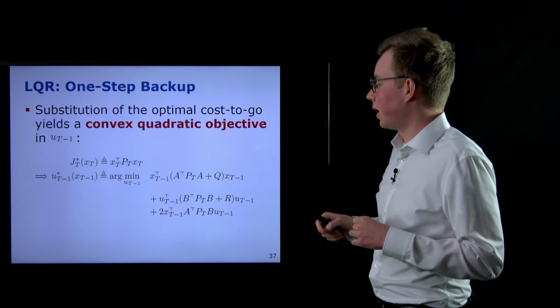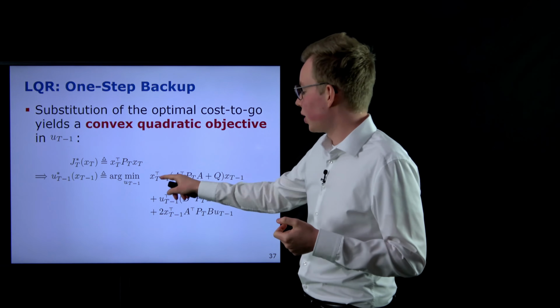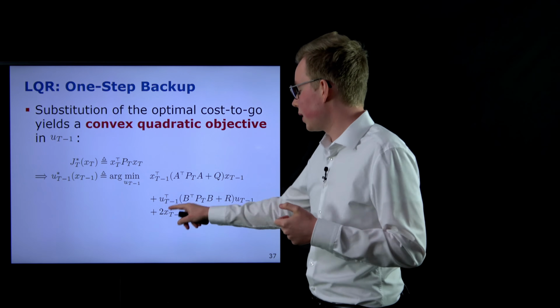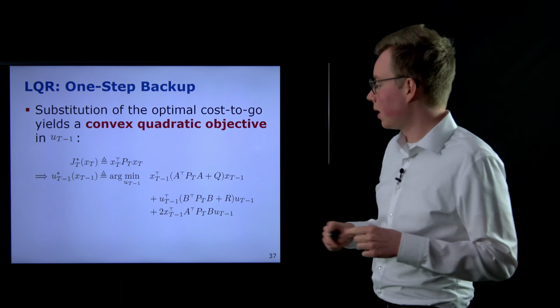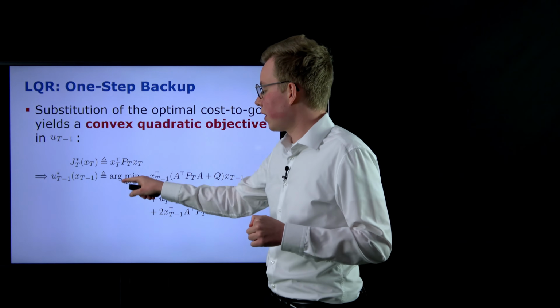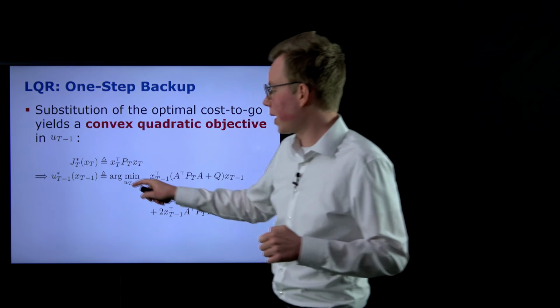We've just rearranged the terms so that here we have a squared term in x, then a squared term in u, and then a mixed term.